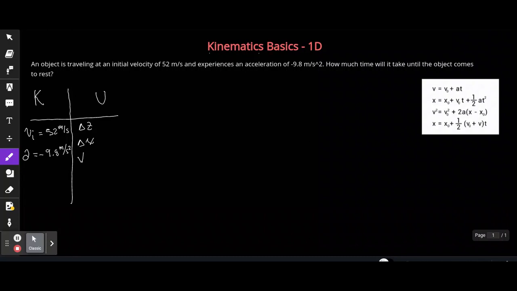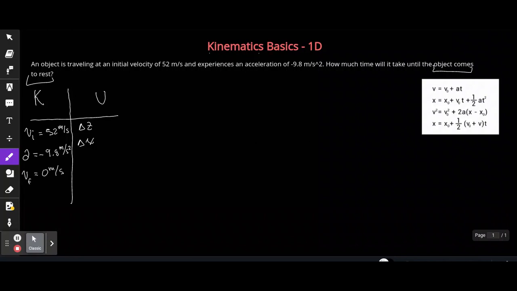And actually, right here when it says until the object comes to rest, rest means that your velocity is 0 meters per second. So we actually know our final velocity is 0 meters per second.